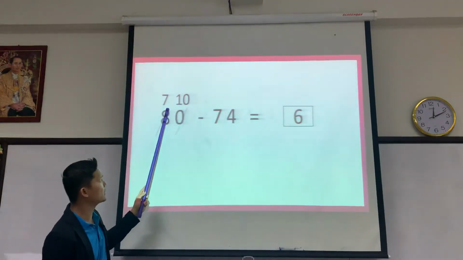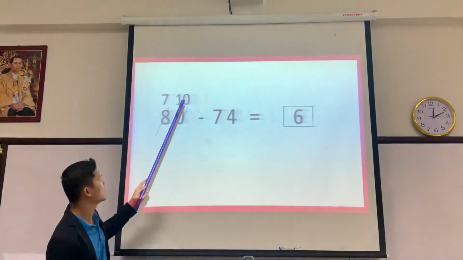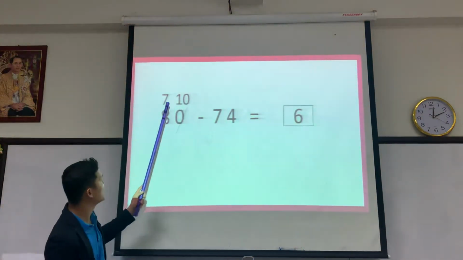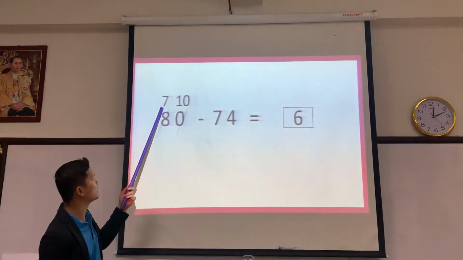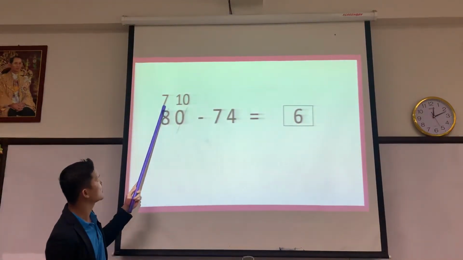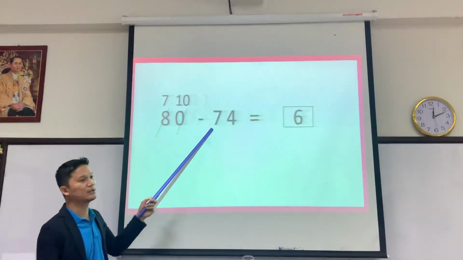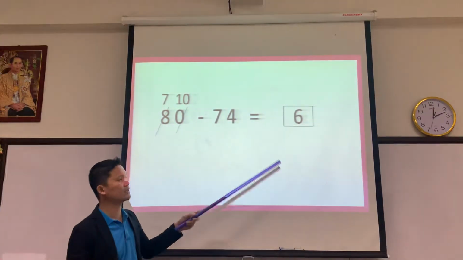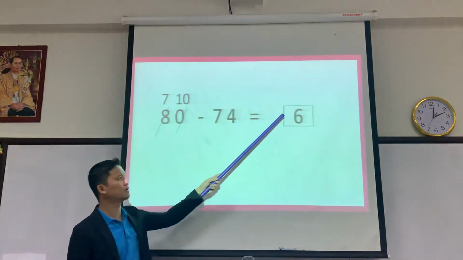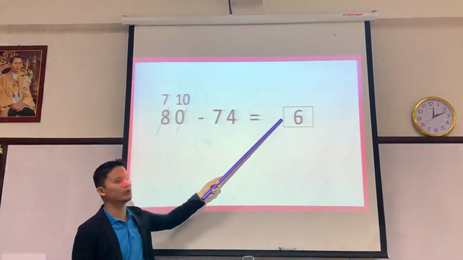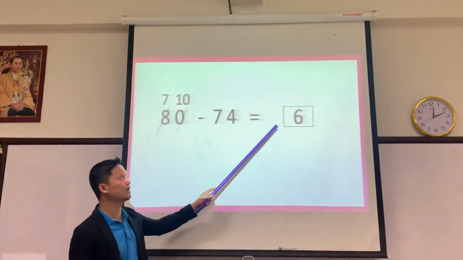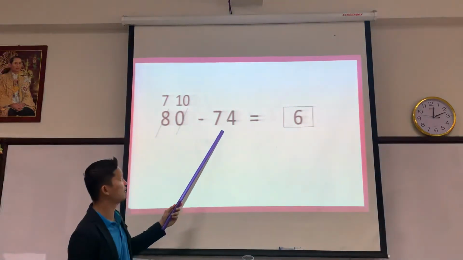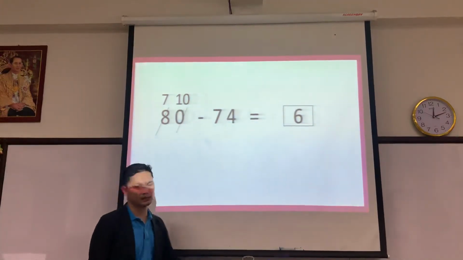Now we can subtract. 10 minus 4 equals 6. Then here is 7. Can we minus them? 7 minus 7 is 0, so we don't have to write 0 here, because it is 0. So 80 minus 74 equals 6.